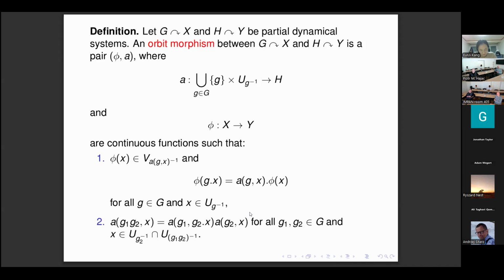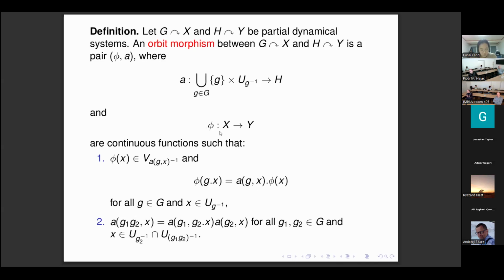And so now I will introduce the notion of orbit morphism. Suppose we have two partial dynamical systems, one where a group G acts on a space X, and another where a group H acts on a space Y. And then an orbit morphism between these two systems is made up of two continuous maps.